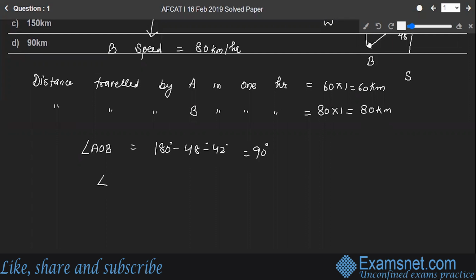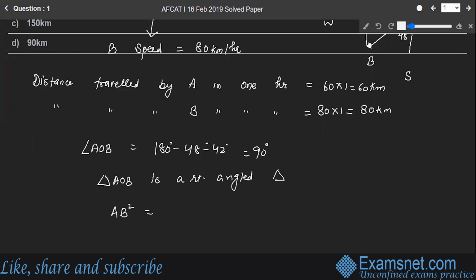That means triangle AOB is a right angled triangle, and AB becomes the hypotenuse.